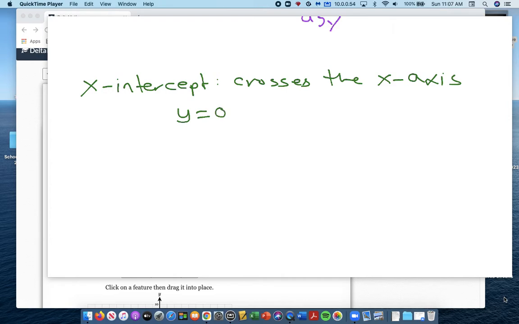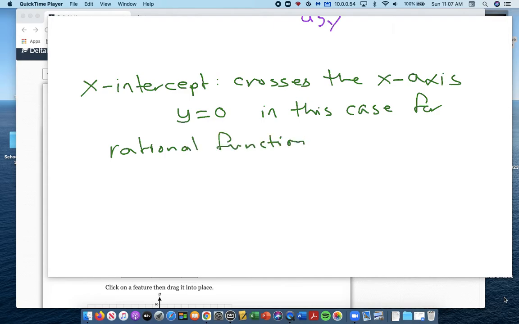It's literally sitting on the x-axis. For rational functions, what you want to do is set the top equal to 0 and solve. So that's what we're going to do. We're going to set the top equal to 0 and solve.